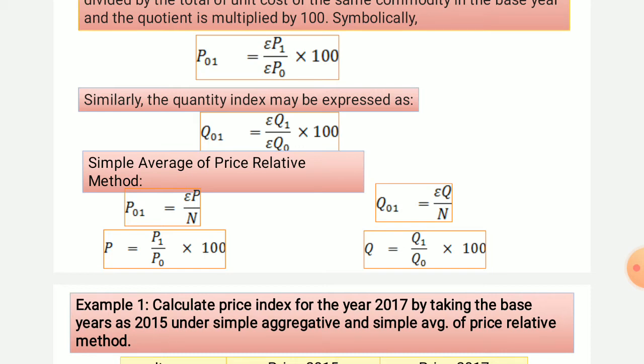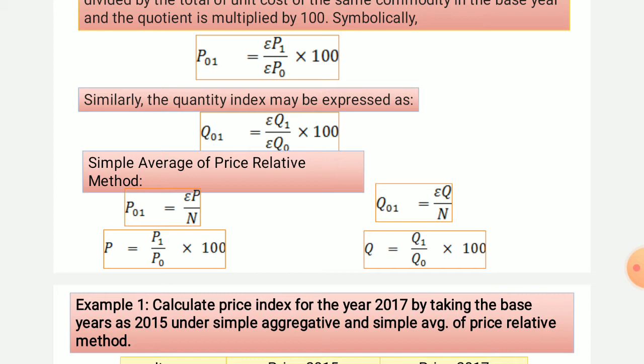And simple average of price relative method is also another category of the unweighted index numbers, and this is also a simplest method of constructing index numbers.